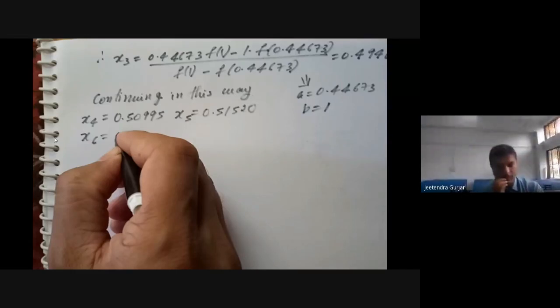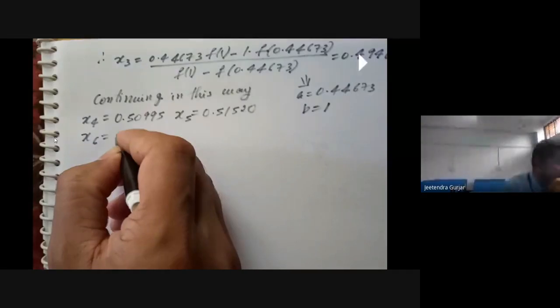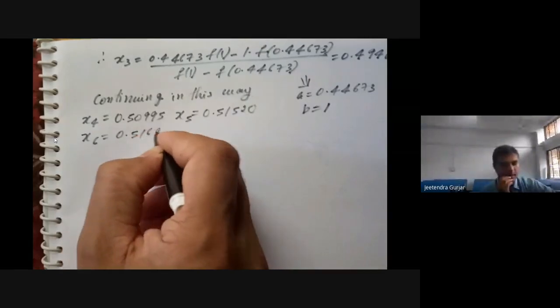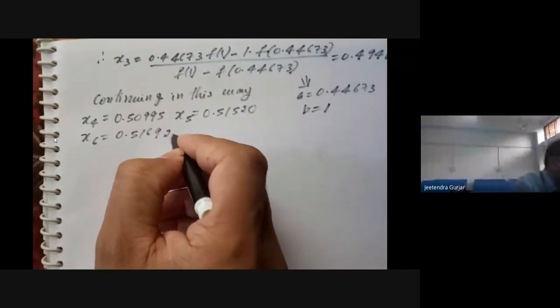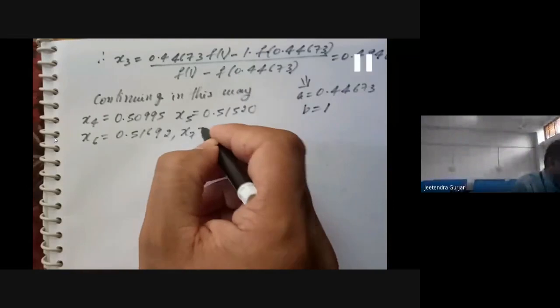If you change even one digit, like Harshad has done, you will get some variation. But Ashish has taken exactly those values without changing the numbers. So he has got 0.5169. The answer I'm going to take here is 0.5169. Continue this for x7.